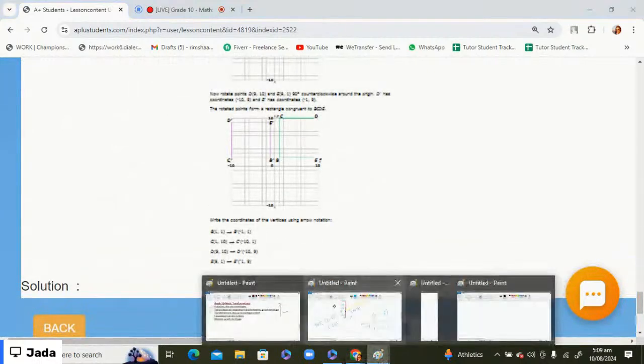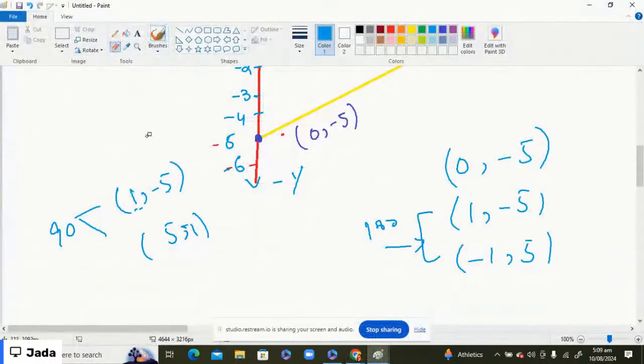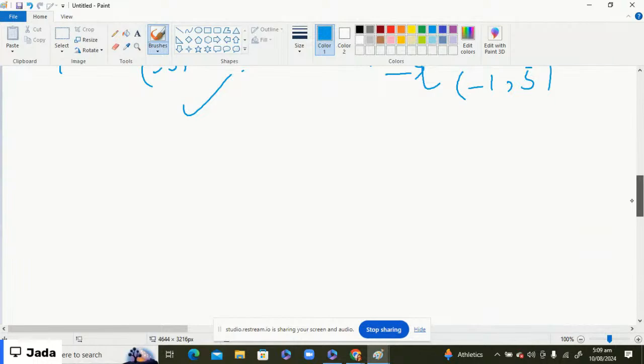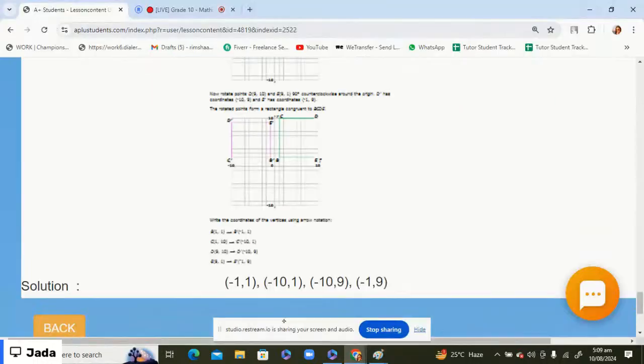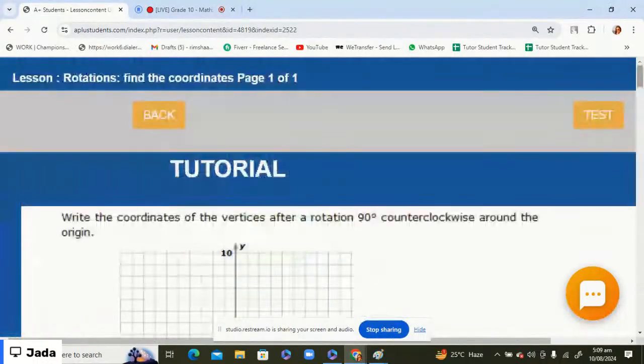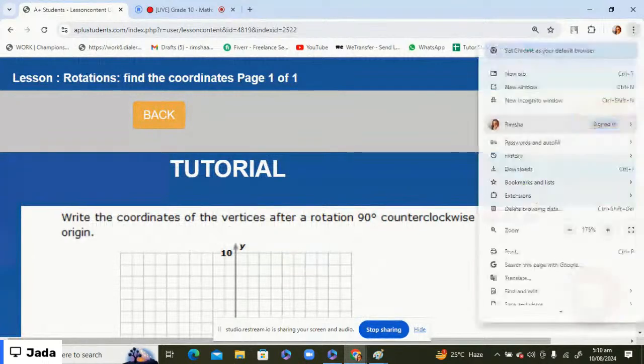With the very first values, like this one and this one, 1 and 5 becomes minus 5 and 1. So this is for the 90-degree: shift the position and also change the sign of the first value. And for the 180, only the signs change. Understand? This is what we have done in rotation, find the coordinates.